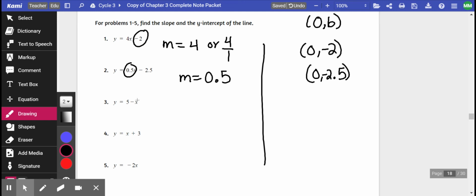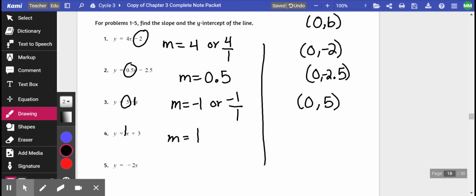For this one, your x variable has a minus sign in front of it, and it has an invisible 1. So m would equal -1 or -1 over 1. 5 is the other number, and it's positive, so your y-intercept would be at (0, 5). For number 4, 1 is in front of your x variable, so m equals 1 or 1 over 1.